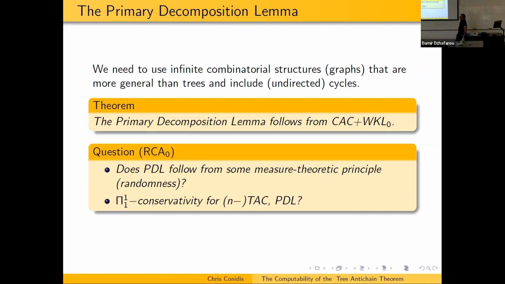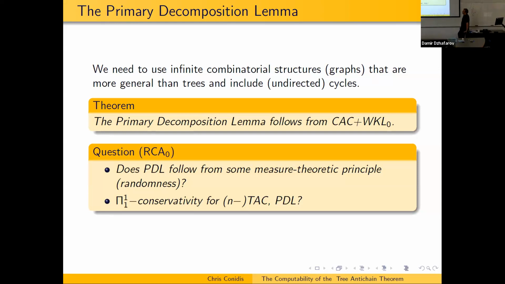And then, does the primary decomposition lemma, which needs more general combinatorial structures with cycles in them, follow from some sort of measure theoretic principle like randomness? The tree anti-chain theorem, for trees where we don't have cycles, I mentioned earlier that a tree principle follows from the existence of two random sets.